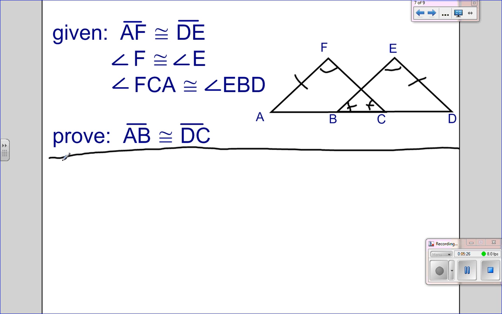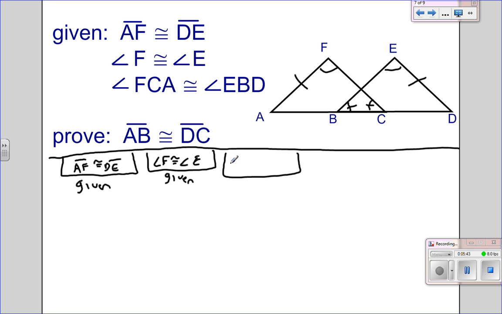So already, I know we're not trying to prove the triangles are congruent, but that's important to the step. We can prove that these two triangles are congruent without doing very much extra at all. Angle F is congruent to angle E, that's my other given. And finally, angle FCA is congruent to angle EBD.